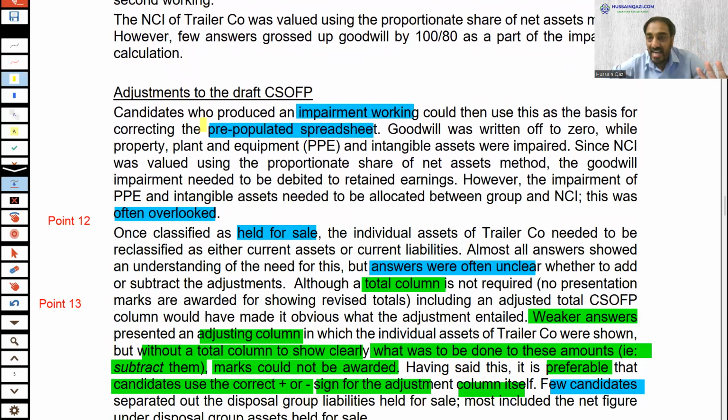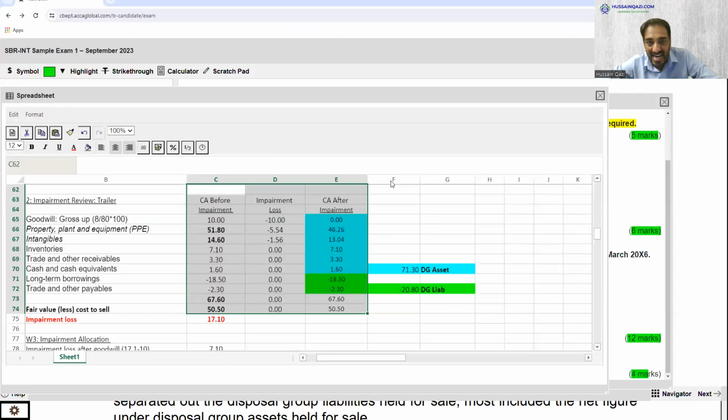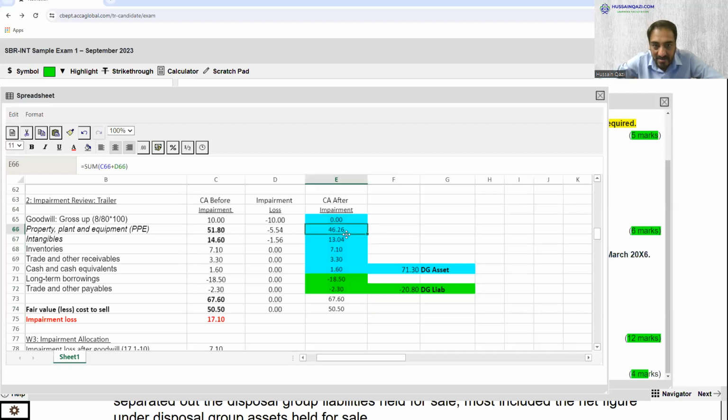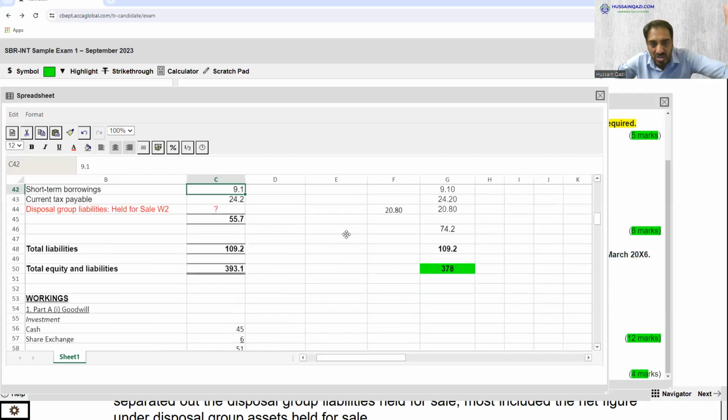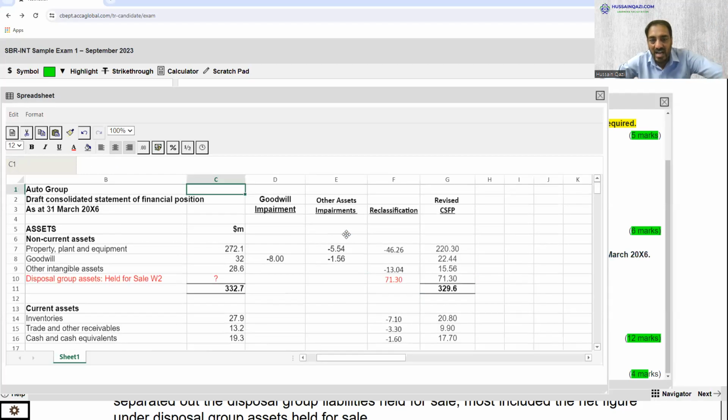Candidates who produced impairment working could then use this as a basis for correcting the pre-populated spreadsheet. Which means that whatever you have done here, for example, impairment loss and making an entry, you can use with the above correction.